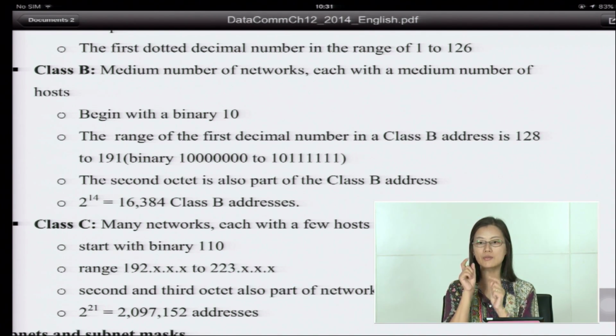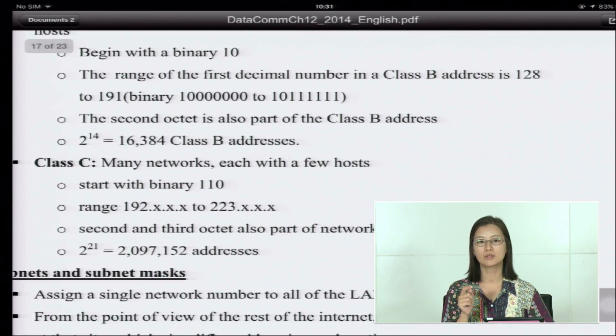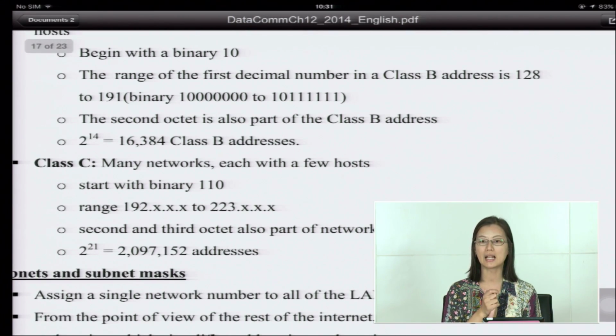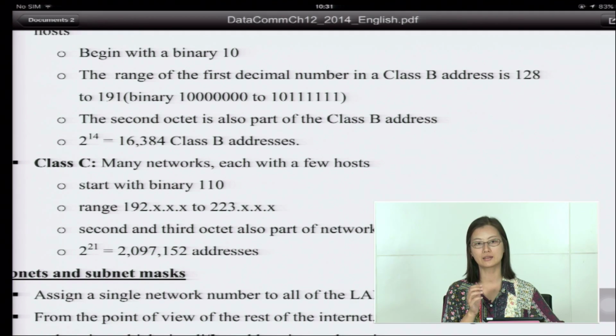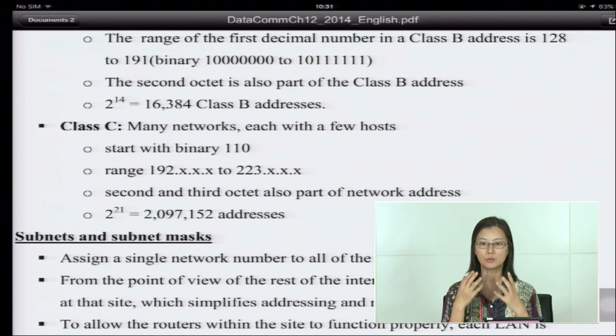So when you write it in dotted decimal format, if the first number is 128 to 191, you know that this is class B. The second octet is also part of the class B network address. So you have 2 to the 14 class B addresses, which means that you have this many possible networks in class B in the world.